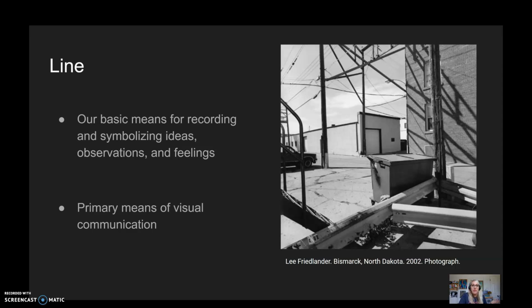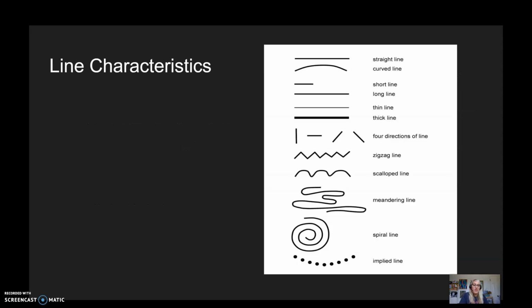Our basic means for recording and symbolizing ideas, observations, and feelings. It is a primary means of visual communication. Obviously, we know that lines can be straight or curved or long or short, dashed or zigzag. And all of these different types of lines can convey different feelings in an artwork.